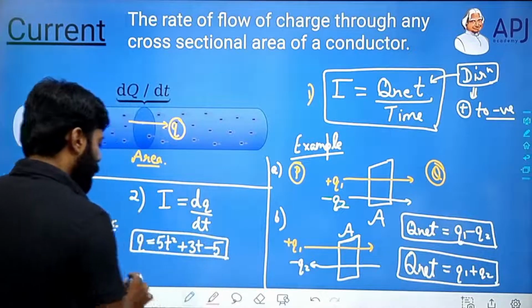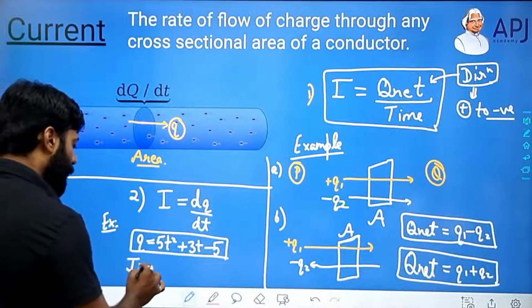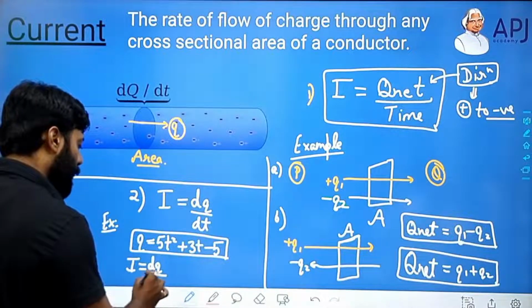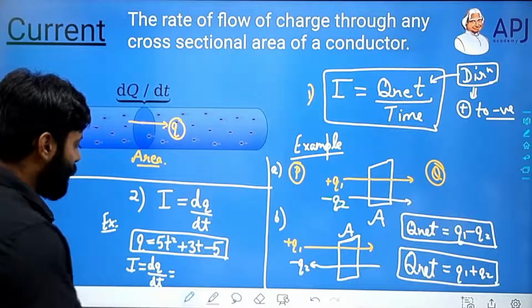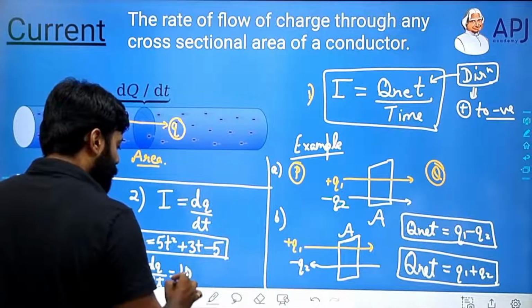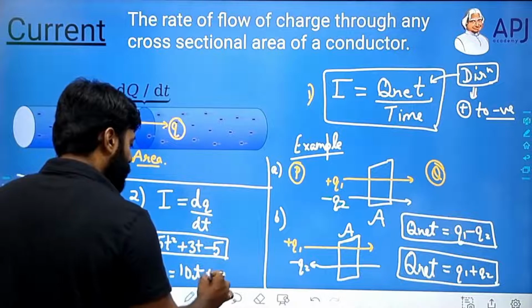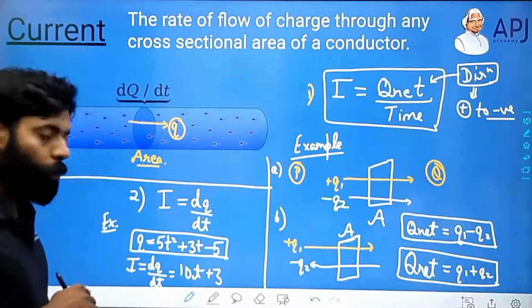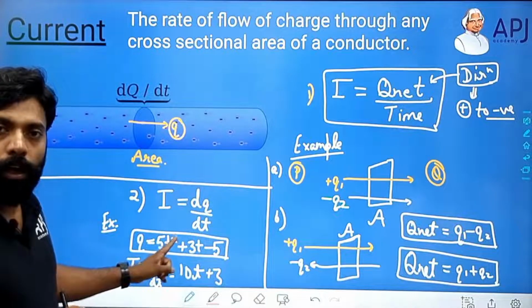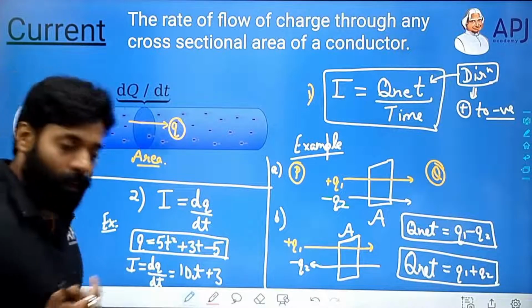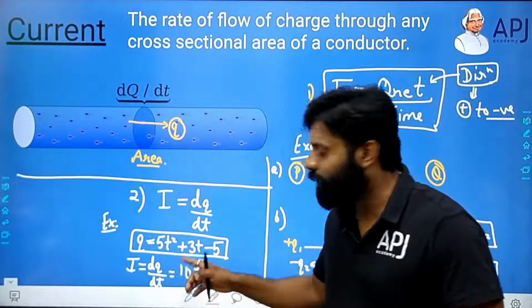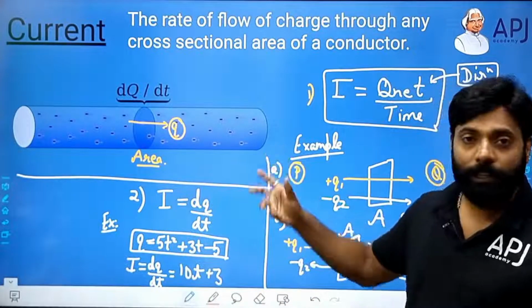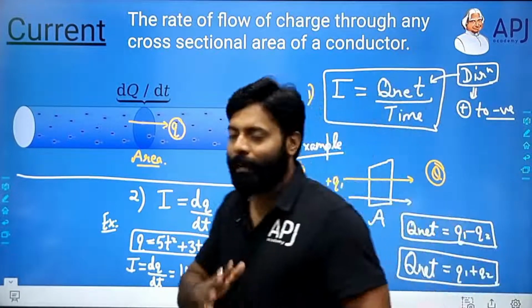This is the equation which we are having, and we have to find out I. So I is equal to dq by dt, and you have to differentiate this. So if you differentiate this, you will be getting 10t plus 3, right? This is what you will be getting after once you do the differentiation. And as per the question's requirement, you can substitute the value of t here to get the answer of the current at that instant. So this is so easy, so damn easy.